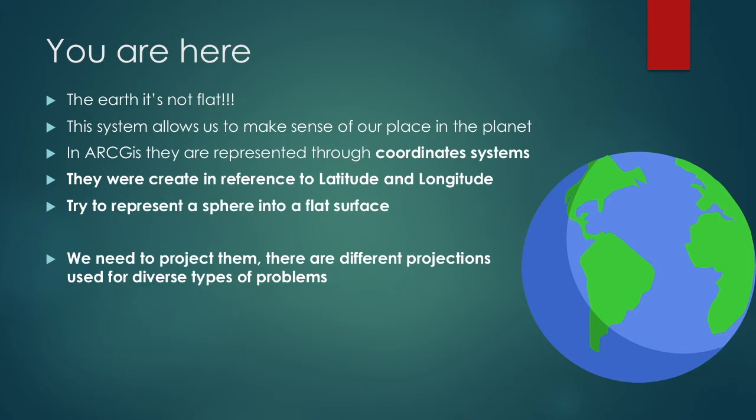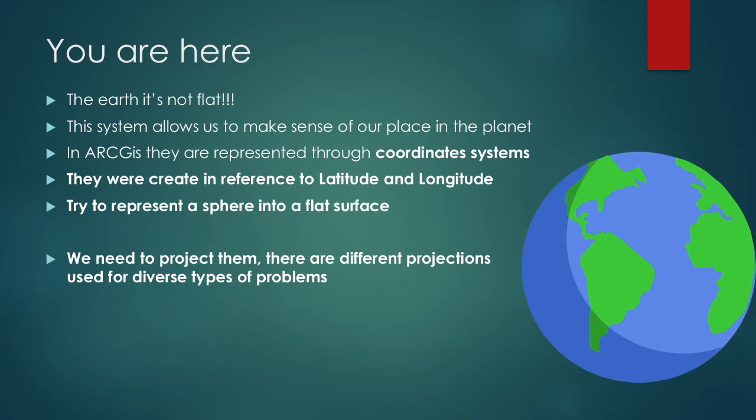The second one is the coordinates. As we know, Earth is quite big and it's not flat. This has represented a problem to cartographers all around the world because we're trying to fit a sphere into a plane surface. So to solve this one, we have created projections.